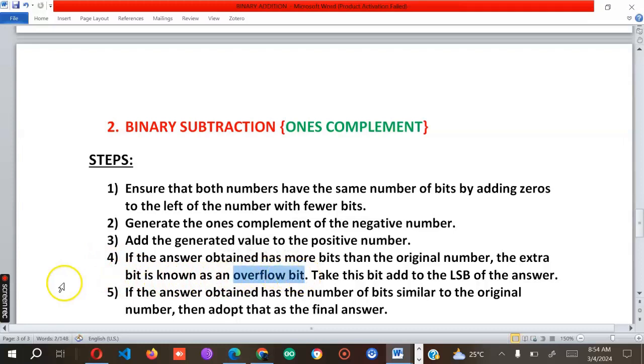This particular one is our overflow. You need now to take this bit to the least significant bit of the answer. Then lastly, if the answer obtained has the same number of bits as the original number, then you adopt that as the final answer. Okay, having done that, now let's move to our example.